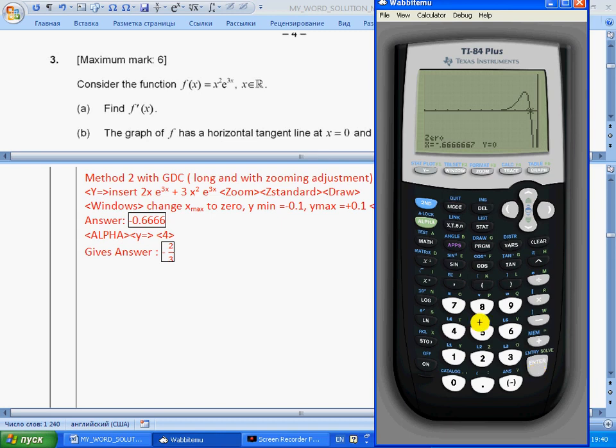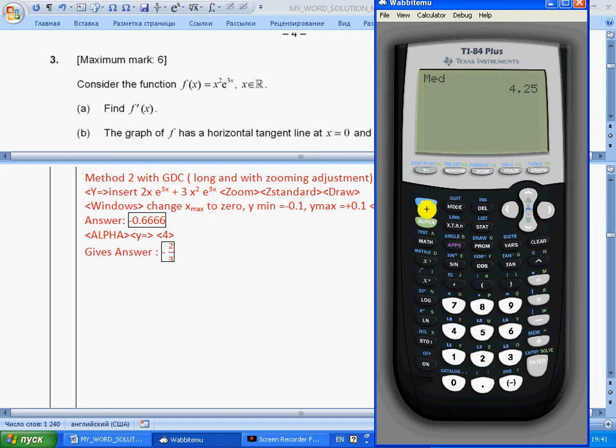Right, so minus. We can try to convert it into a fraction right from here. We press alpha and choose 4. Unfortunately, it doesn't work, so we go to clear.